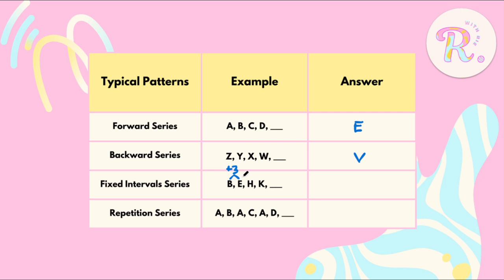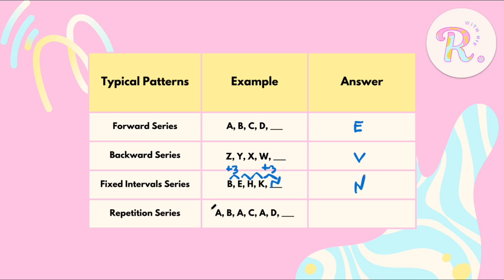So from B, C, D, and then E. It's the third letter after B. And then from E to H, it's also 3 letters apart. From H to K, the same, 3 letters. So we could assume already that K to the blank or the missing term is plus 3 as well. So that is K, L, M, N. Your answer for this one is N.